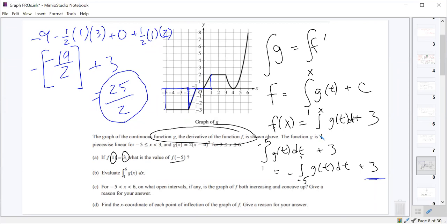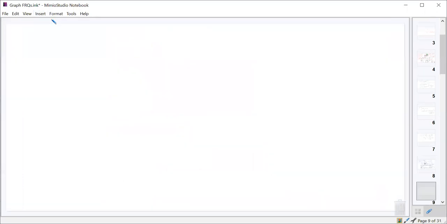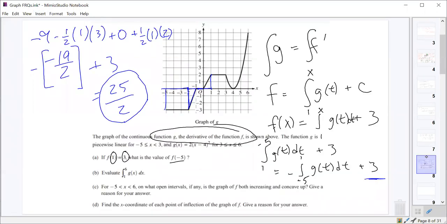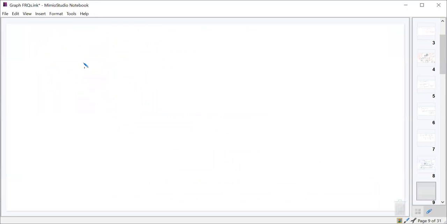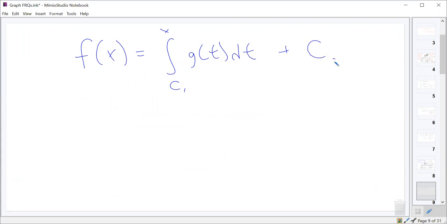Right, I put the 1 as the lower limit initially because that's the value that I already know the value of. Right, and so I'll write this on another page. I can say f of x can be the integral from any constant, we'll call it constant 1, to x of g of t dt plus some other constant.